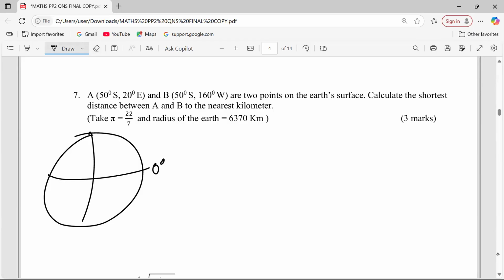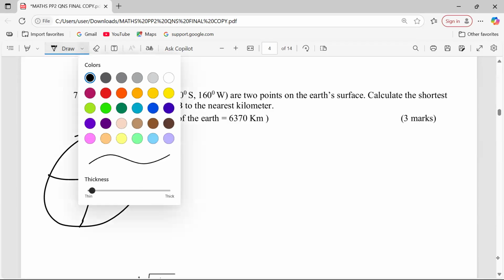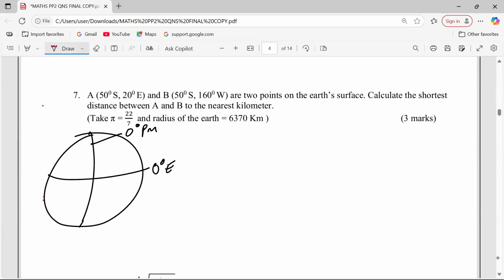This is 0 degrees equator, 0 degrees prime meridian. Now, on the lower hemisphere, that is the southern hemisphere, we are having 50 degrees in the south. Then 20 degrees in the east.